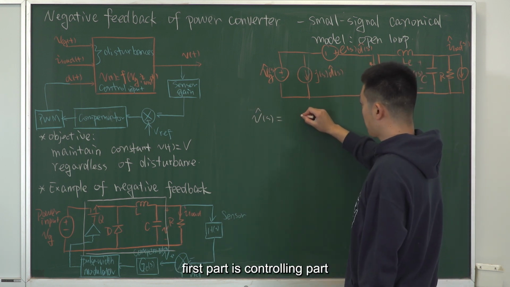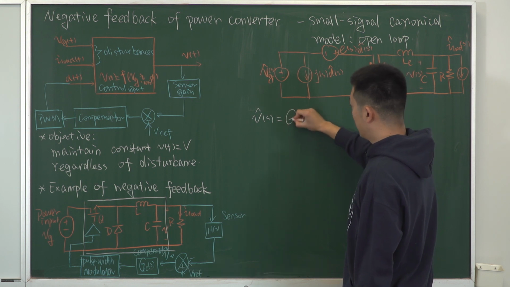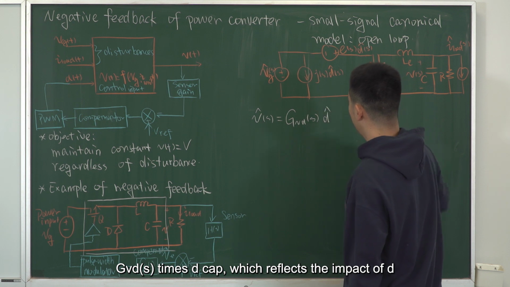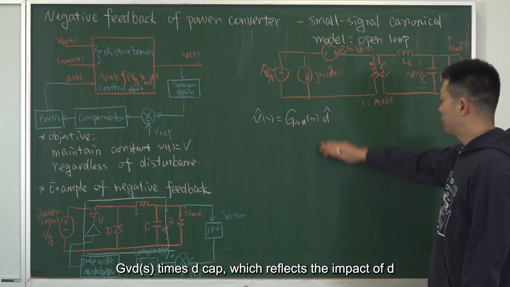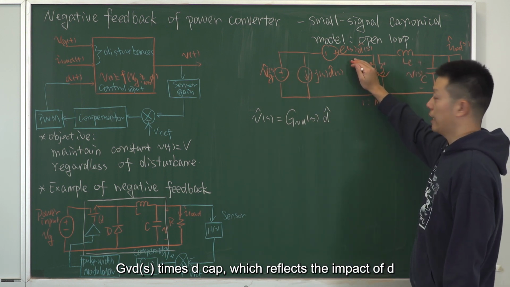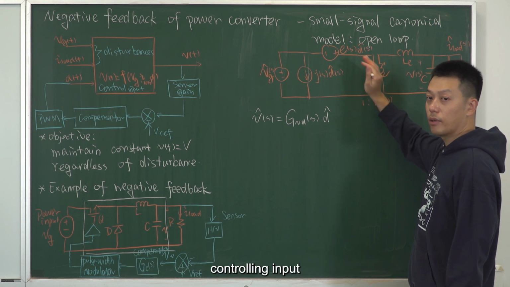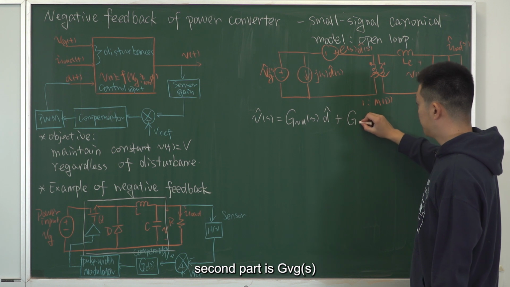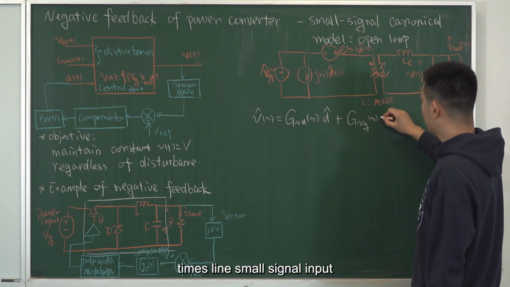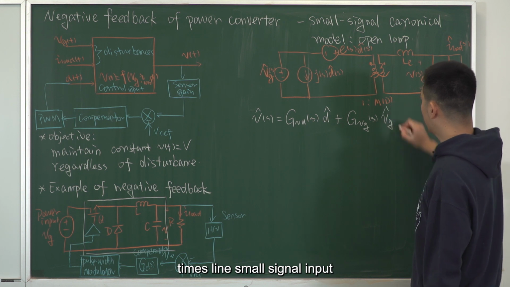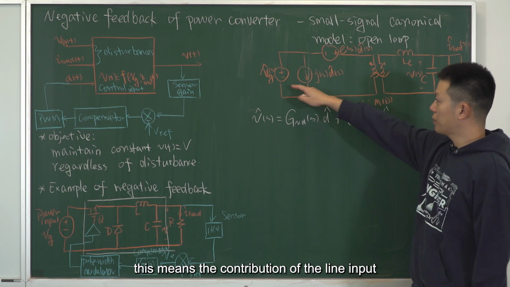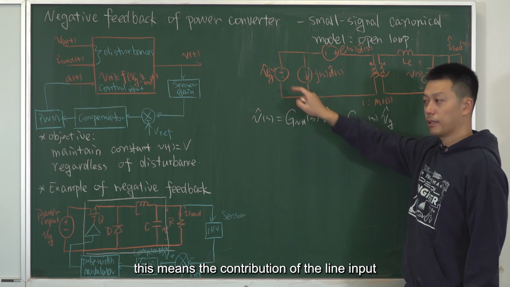First part is the controlling part, Gvd s times d cap, which reflects the impact of d, the controlling input. Second part is Gvg s times the line small signal input. This means the contribution of the line input.